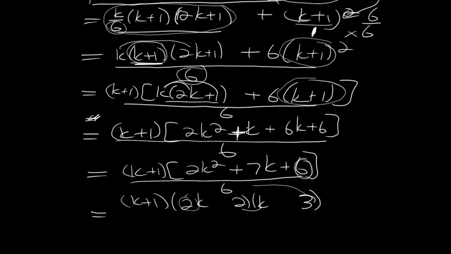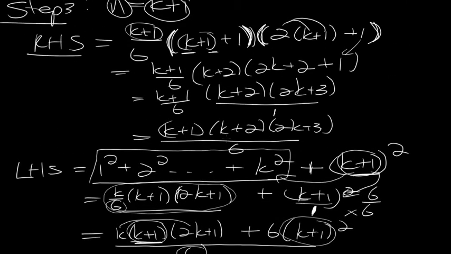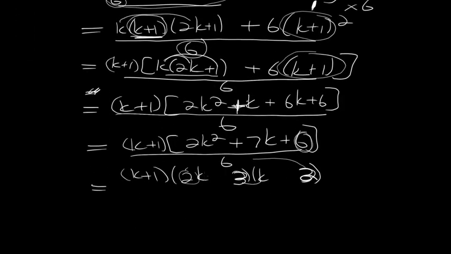What we'll do is we'll use the 2 there, and the 3 here. Obviously, when you look at the right hand side just on top here, this will give you the indication of how it will look anyway. So you have (2k plus 3) and (k plus 2), so 3k is 3k, 2k times 2 is 4k, so it's 4k plus 3k is 7k over 6. Then you can see your left hand side is equal to your right hand side.